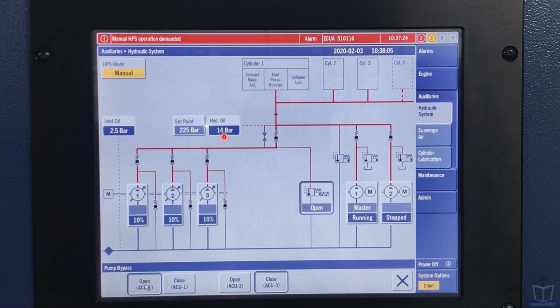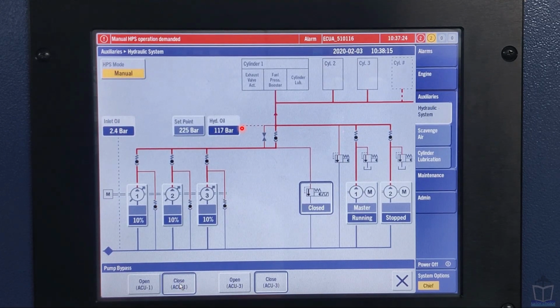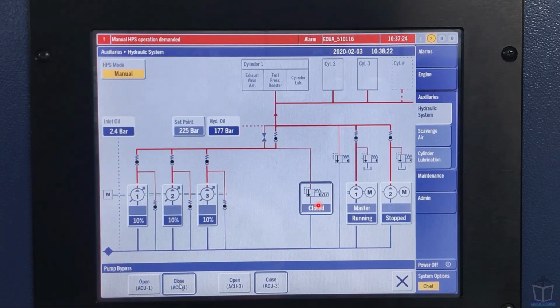Now see, pressure is reducing, and when I click close, then pressure will start increasing. That means this valve is working from SU1.